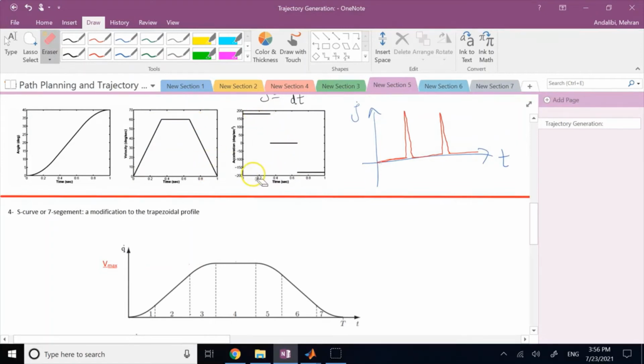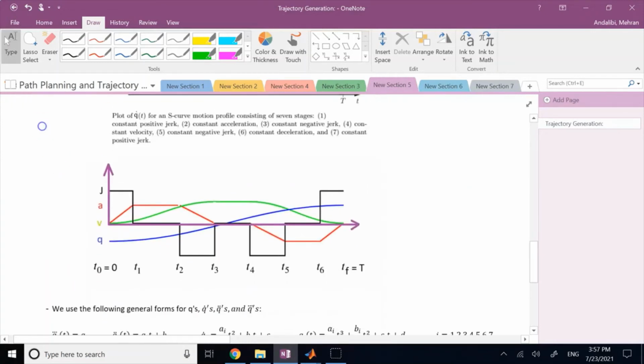Here it's different. Here you have variable acceleration or constant jerk. So here jerk is constant, but acceleration is a linear function of time. And then you have constant acceleration. Again, you have jerk, but negative jerk this time, so acceleration is decreasing. It's basically going to go down until it goes zero here, and then here it drops.